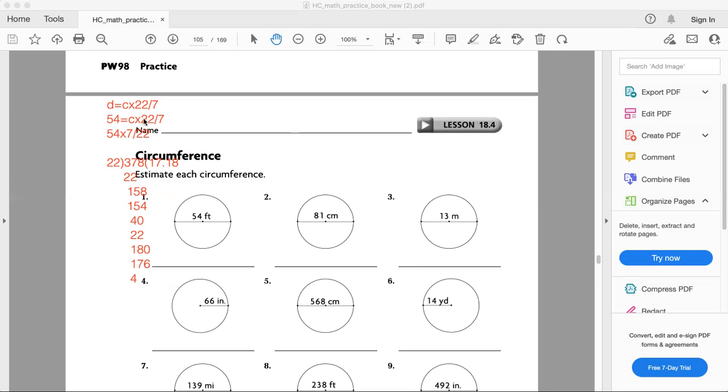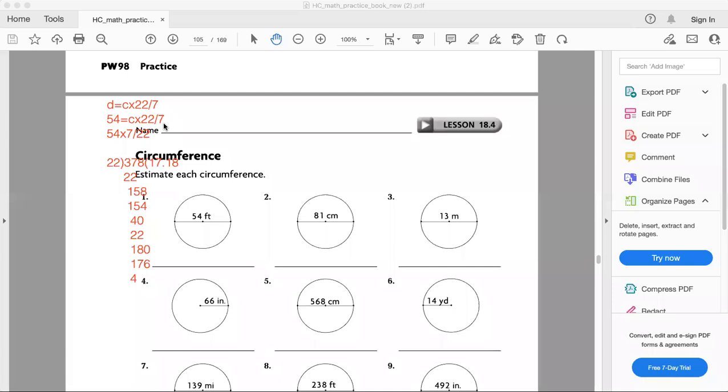This is a formula, beta. Like we have different formulas, similarly this is a formula, the relationship between the diameter and the circumference. This is the diameter and this is the circumference: d equals circumference into 22 by 7.